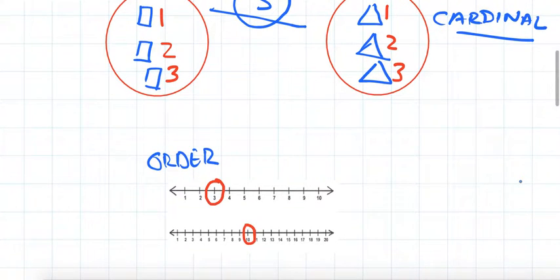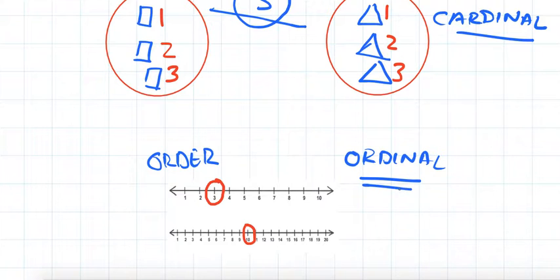On a number line, you can see the number 3 comes before number 4, certainly after number 2, and 10 comes after 9, certainly before 11. So here we are not referring to sets of things, but only one thing which has a specific place in an order. And this is known as the ordinal aspect of numbers.